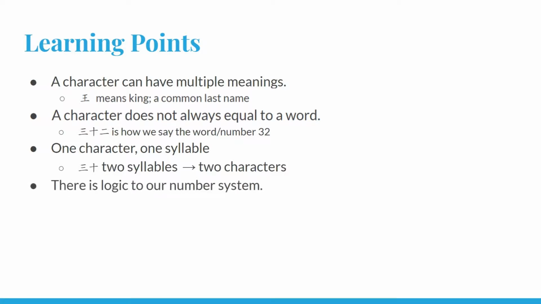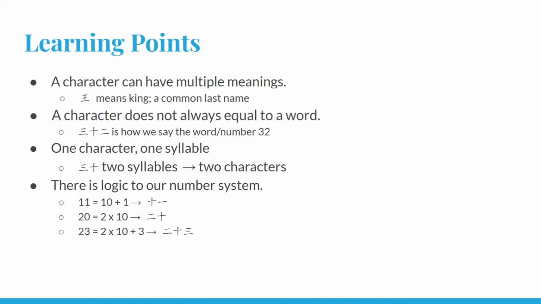There is logic to our number system. 11 is 10 plus 1, 十 is 10, and 一 is 1, so 十一 is 11. 20 is 2 times 10, 二 is 2, and 十 is 10, so 二十 is 20. 23 builds upon our previous formula.